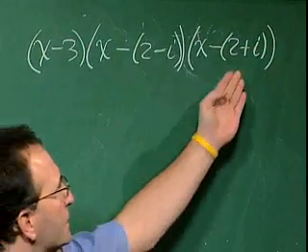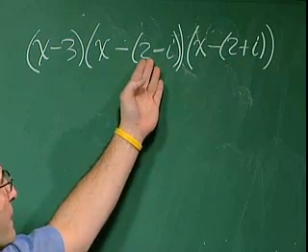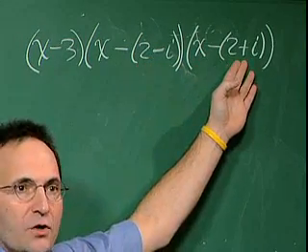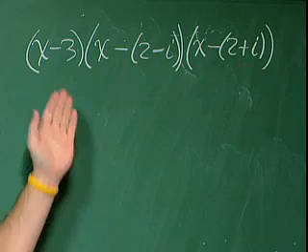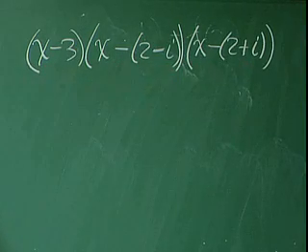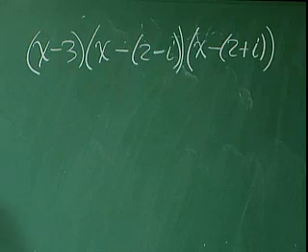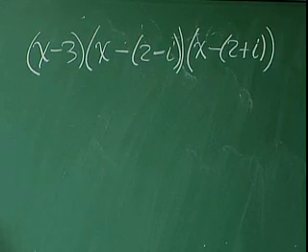So again, by the conjugate zeros theorem, we know that if we have 2 minus i, we have to have 2 plus i. So we need to multiply this out and simplify it to put it into standard form.